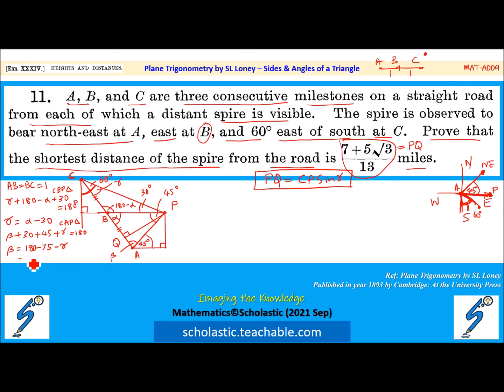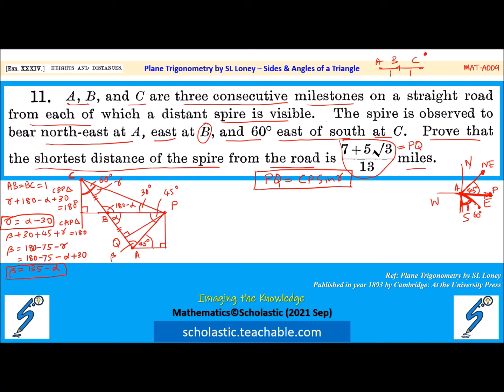Gamma is alpha minus 30, so this is 180 minus 75 minus alpha plus 30. So we have beta equal to 135 minus alpha. We have two equations, one for gamma, the other for beta, correct?